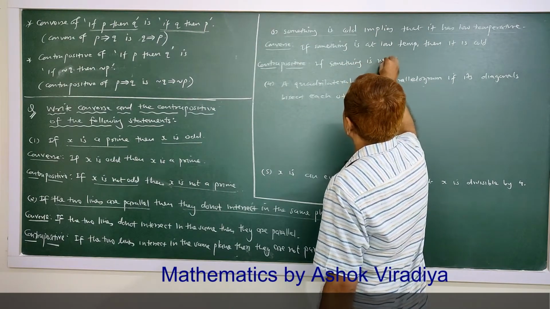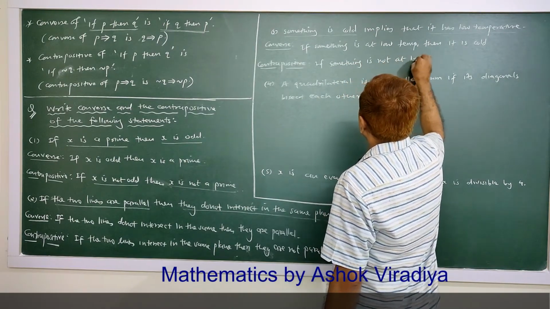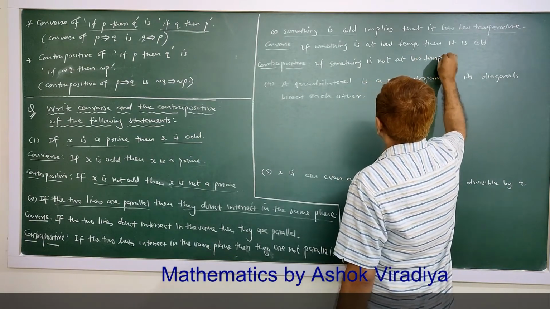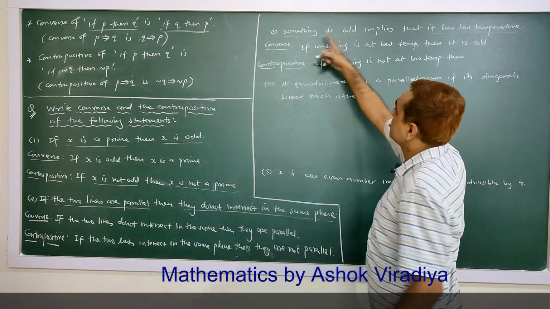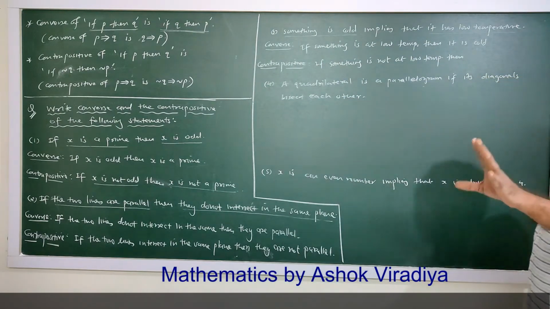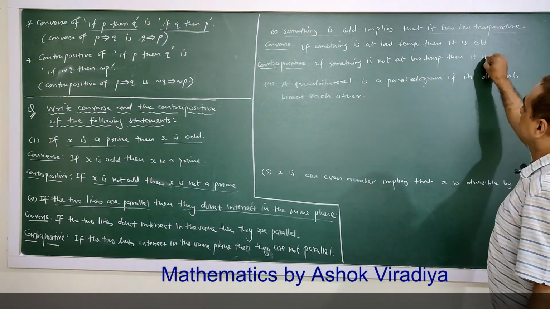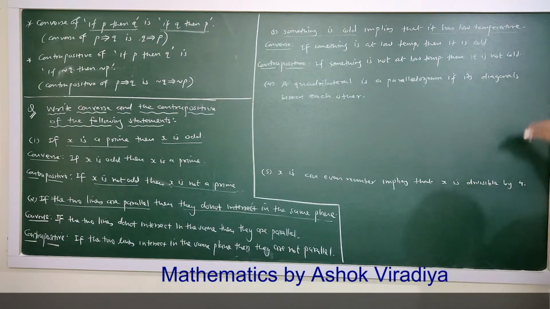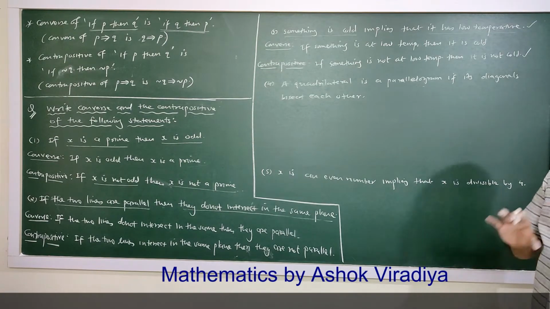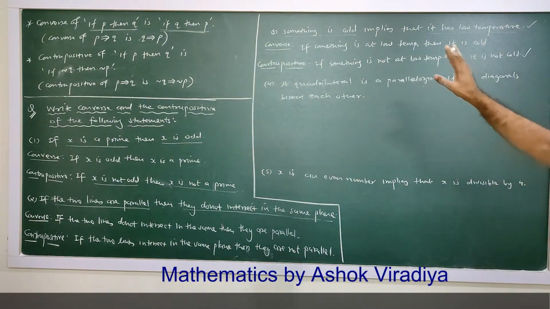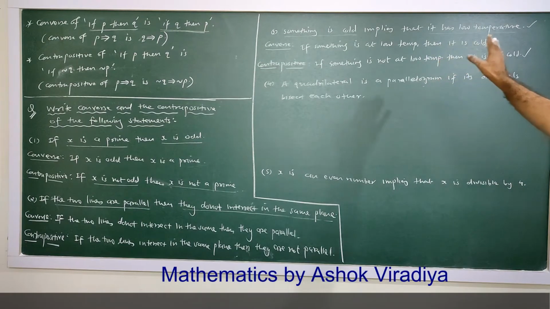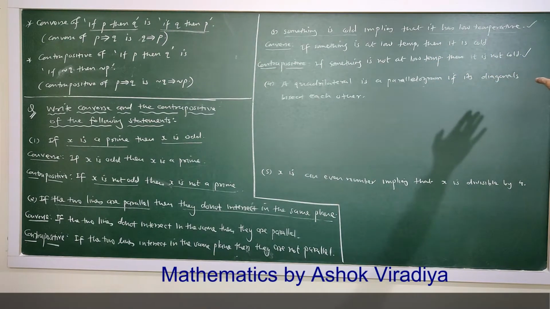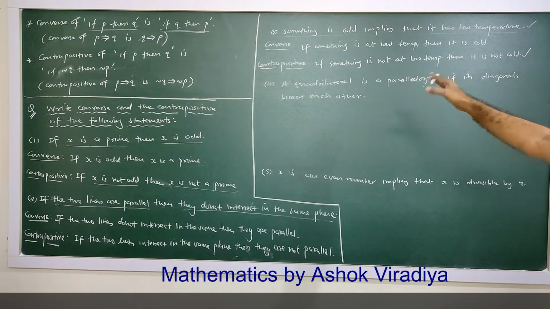Something is not at low temperature, then not P. It is not cold. So say given statement and its contrapositive, meaning remains same. Something is cold implies it has low temperature. If something is not at low temperature, then it is not cold, meaning is same.